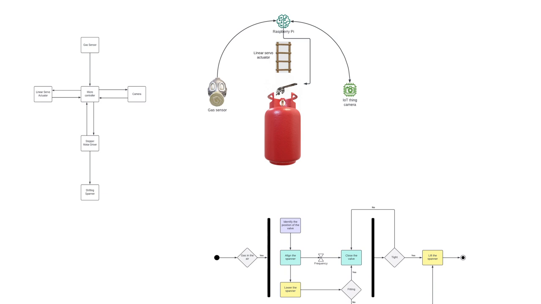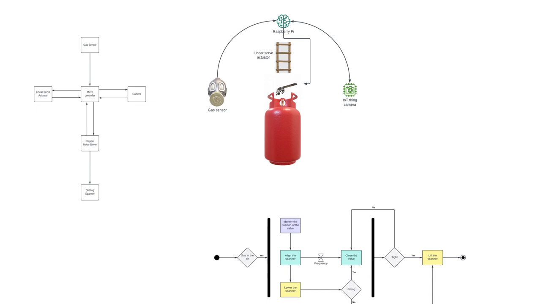The flowchart and the diagrams which are relevant to the system are the ones on the screen. But what I would like to explain here is that first a house needs to have a gas sensor, which will get activated and pick up the leak.